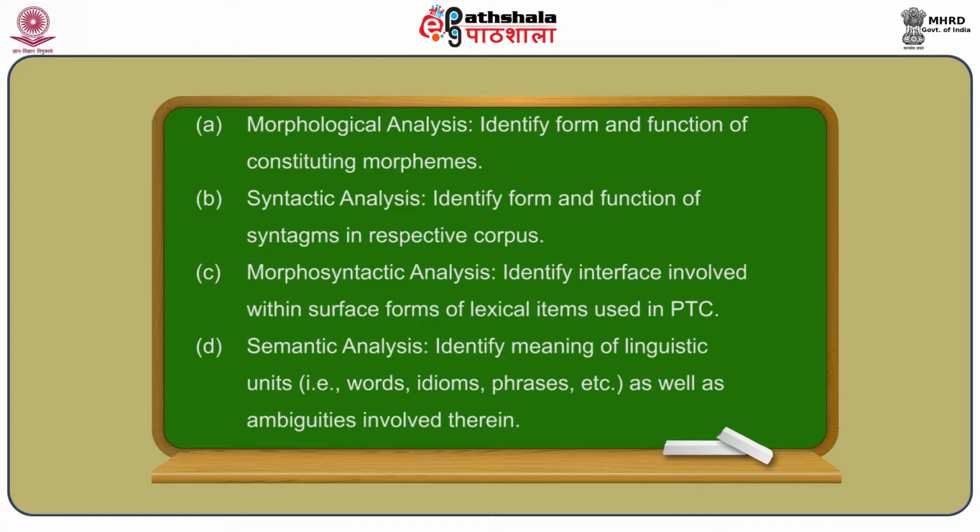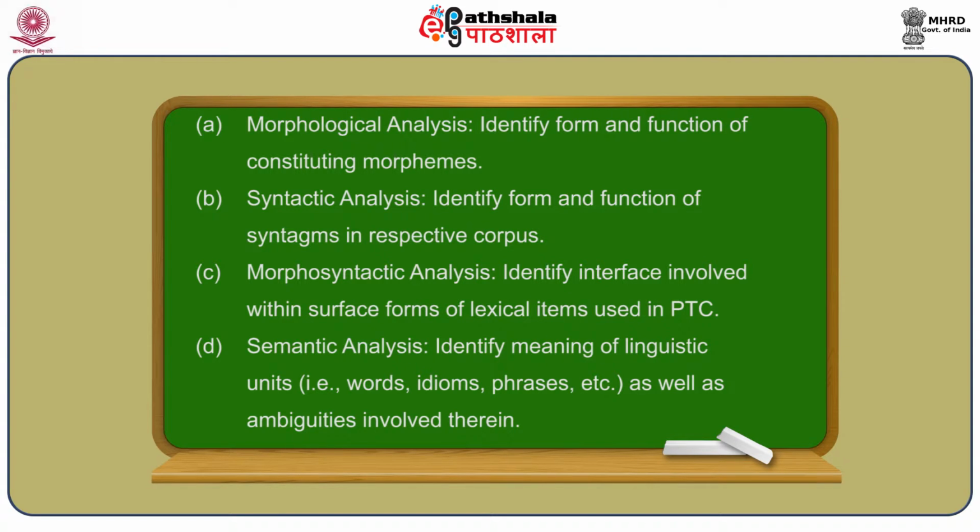A parallel translation corpus, once it is aligned, is now ready for linguistic analysis. In general, it involves four major tasks. Number one is morphological analysis. Here we try to identify the form and functions of the constituting morphemes. Number two is the syntactic analysis, where we try to identify the form and functions of syntagms in respective corpora.